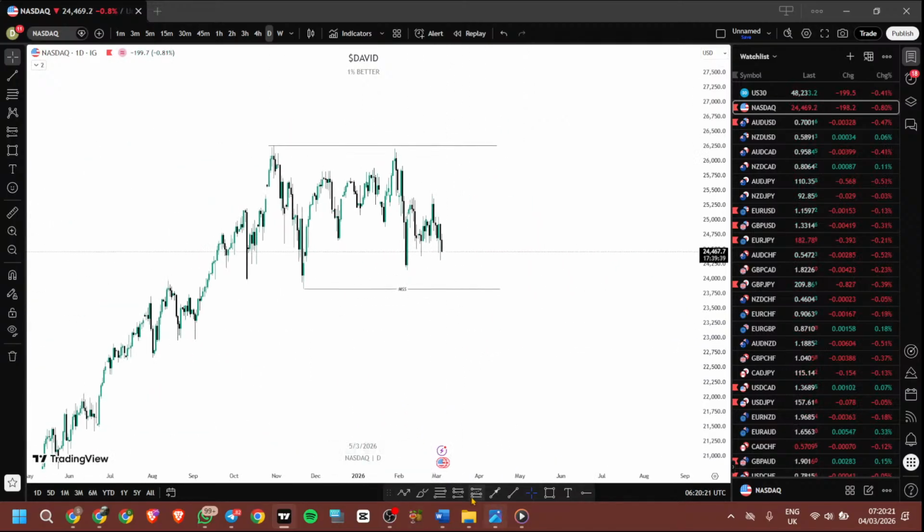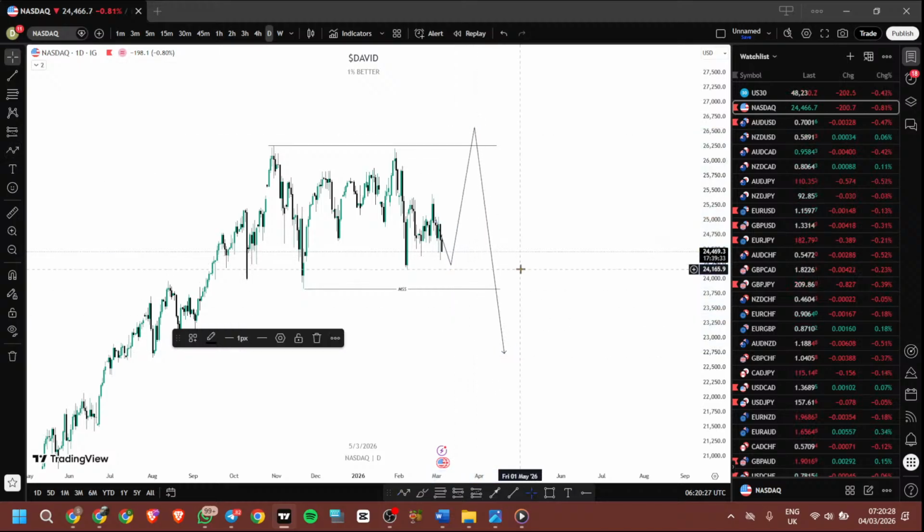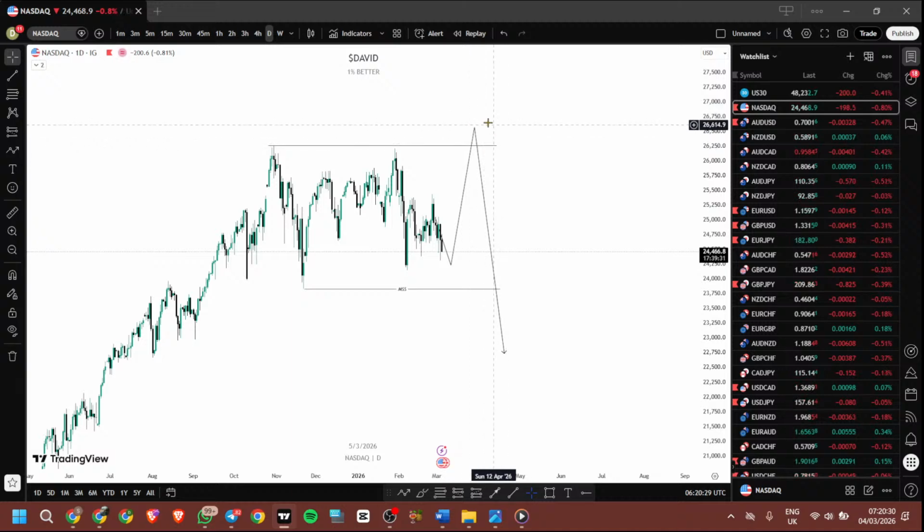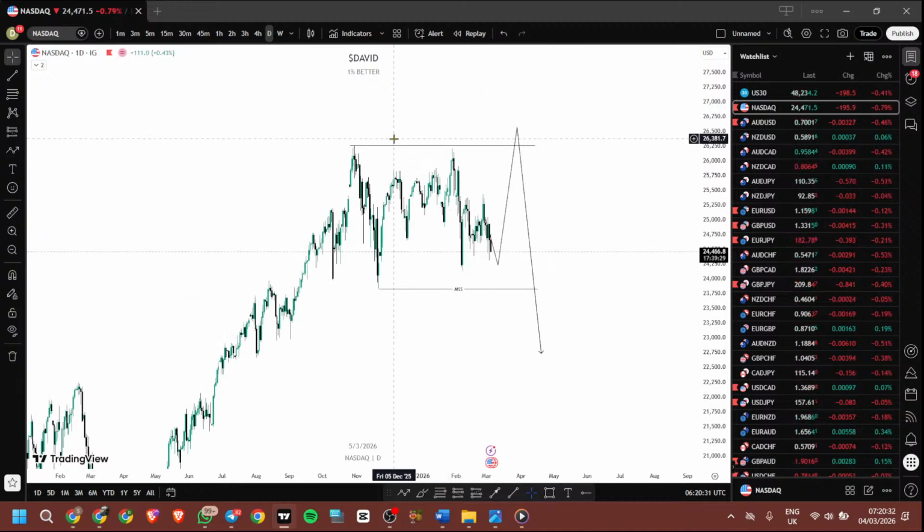So this is what we expect: a push to the upside to complete the manipulation and create a higher high to clear up that most recent low, for this to be a very strong shift.